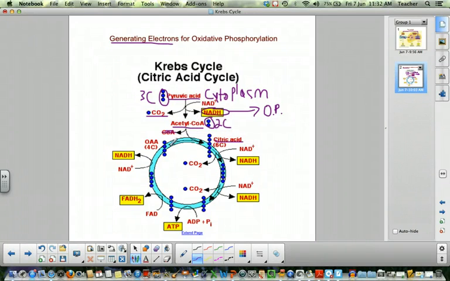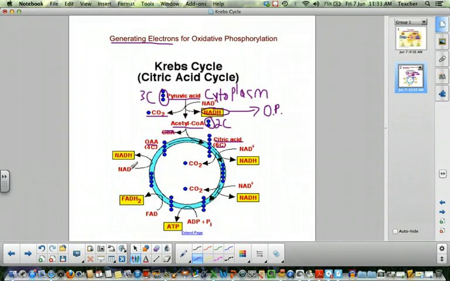Anyway, acetyl-CoA combines with this 4-carbon compound here to form a 6-carbon compound, citric acid. You do not need to know the specific details of any of this, nor do you need to know the names of any of these. Okay? I'm just going through it to show you what happens, to hopefully allow it to make sense to you. But you don't need to be able to know the names of any of these things that we're going to go through.